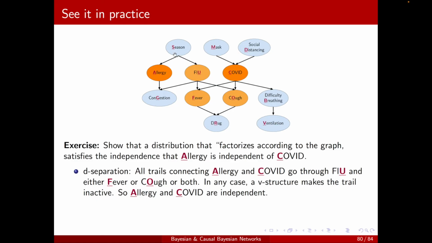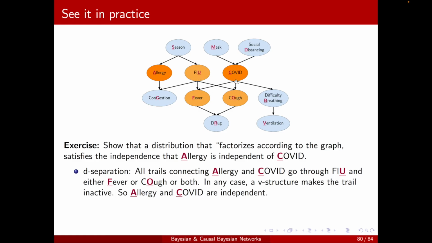So for example, you can go from allergy, season, flu, fever, COVID. This is one trail. Another one is allergy, congestion, flu, fever. So you definitely have to go through flu. And then out of the other ones, you have to go either from flu to cough to COVID, or flu to fever to COVID. Or like this, doesn't matter. So you have to go through flu and either of them.